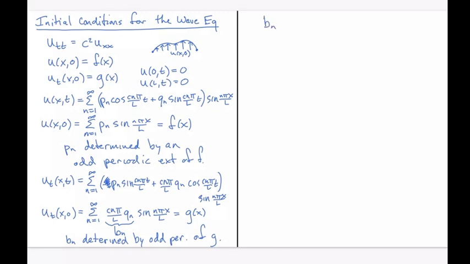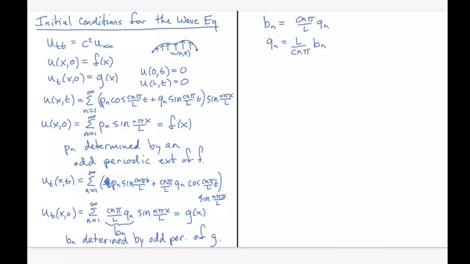You use the formula for Bn's, but then Bn is Cn pi over L times Qn. So we need to ultimately get our Qn's, which is going to be L over Cn pi multiplied by whatever we calculated for the Bn's from the Fourier series calculation.